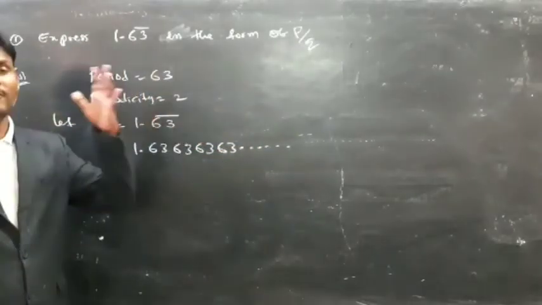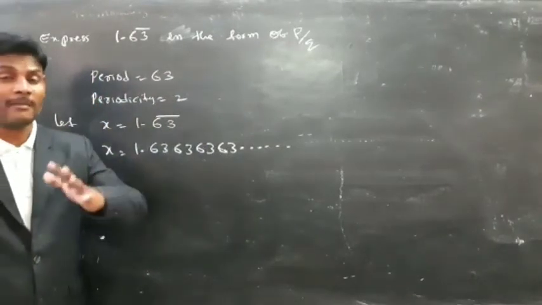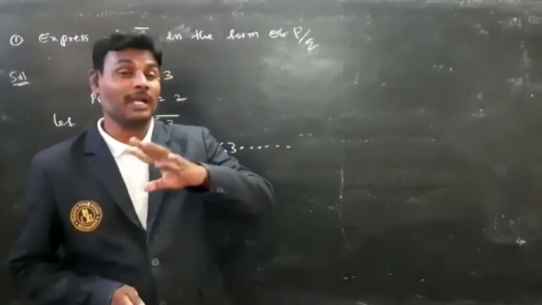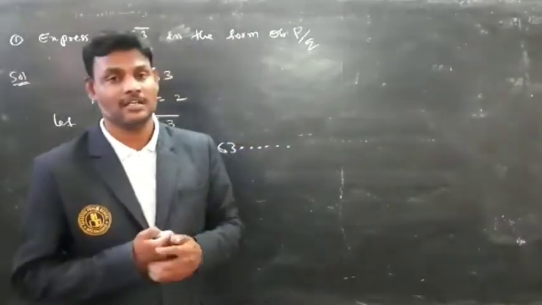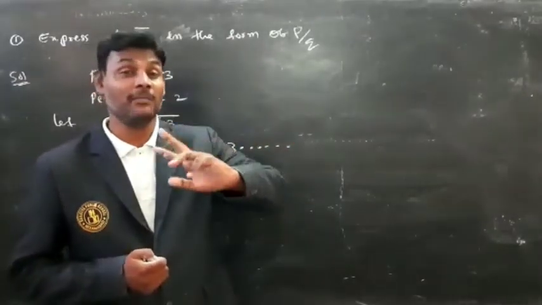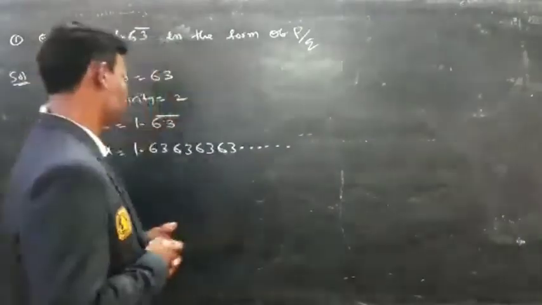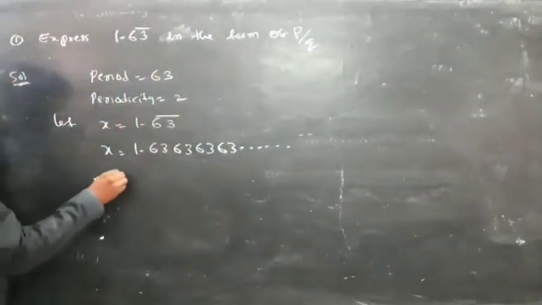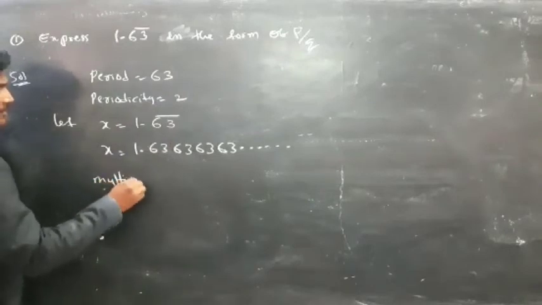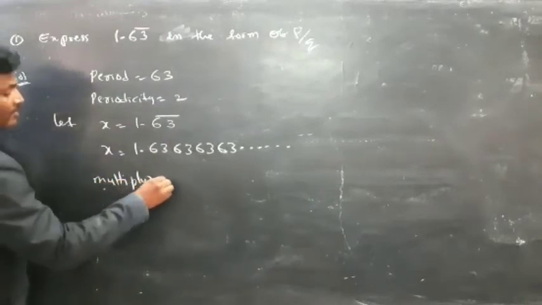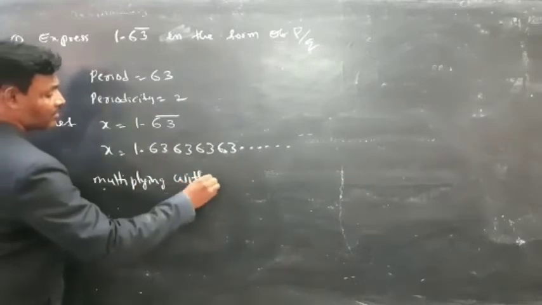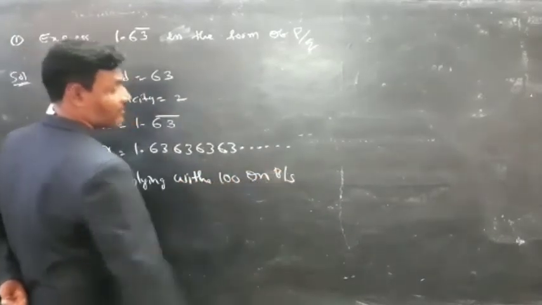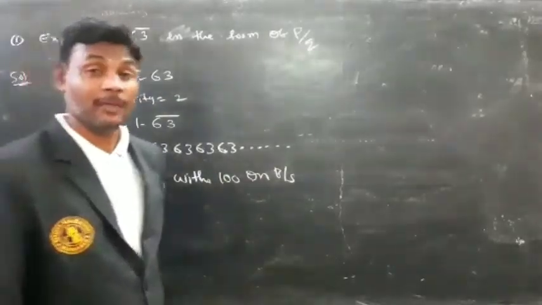Then what is the periodicity here? 2. If periodicity is 1, multiply with 10 on both sides. If periodicity is 2, multiply with 100 on both sides. If periodicity is 3, multiply with 1000 on both sides. So here the periodicity is 2, so multiplying with 100 on both sides.